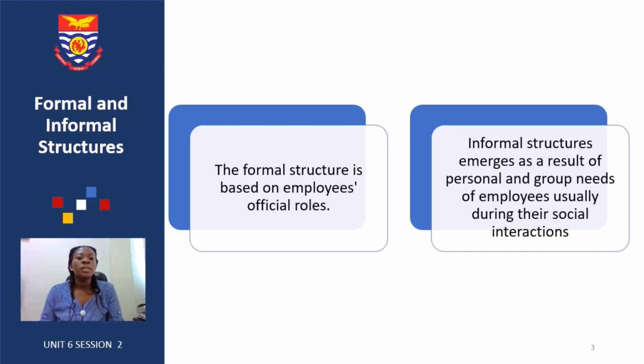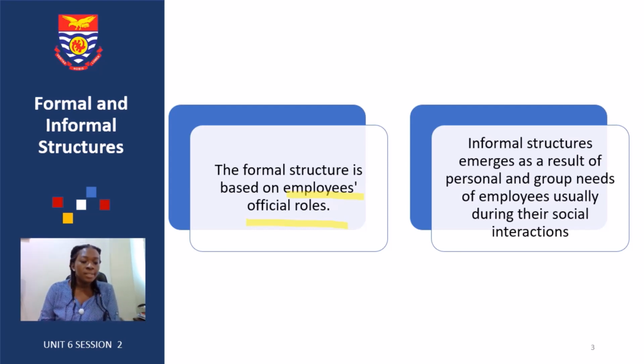So you see maybe the managing director, the financial manager, procurement manager, human resource manager. Under them, you see maybe an assistant audit clerk or something. You see all of those things in there. So these are formal organizational structures.